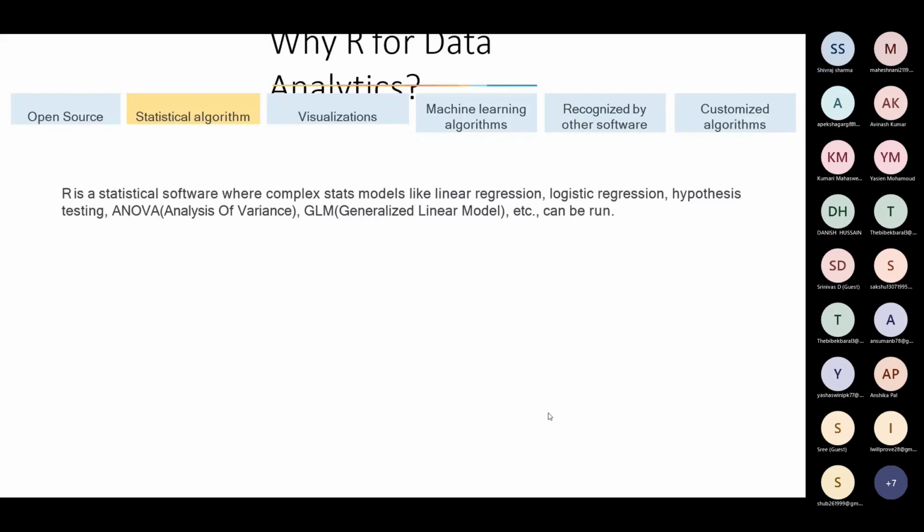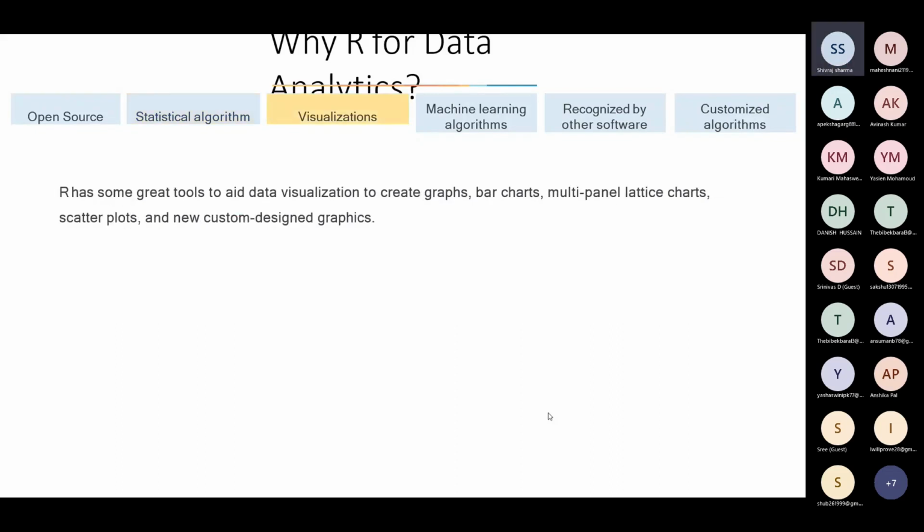Next, R has some very interesting visualization tools that create graphs, bar charts, multi-panel charts, scatter plots. All those charts that we already saw in Tableau can be visualized in R also.